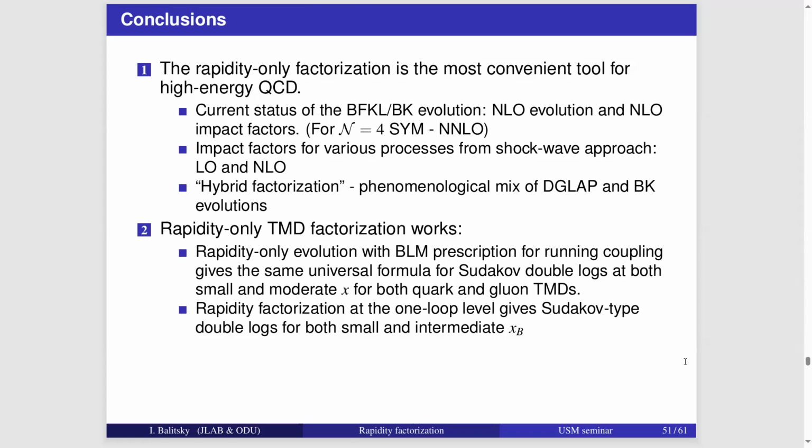Impact factors for various processes come from the shockwave approach. We have leading order and analog calculations for many cases. And there is even the following speculation, which is very popular right now. People say, okay, the product of impact factor times maybe summation of Wilson line theory.